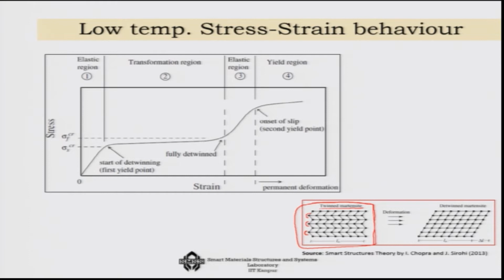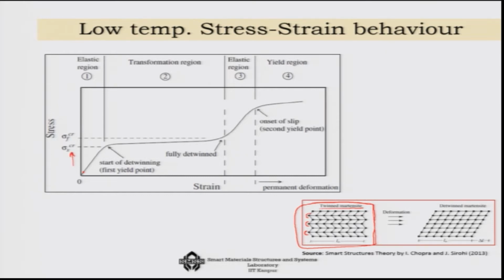So far we are only applying temperature to bring it down to the twinned martensite phase. Let us say at low temperature we are somewhere here at the twinned martensite phase, and now I am increasing the stress.